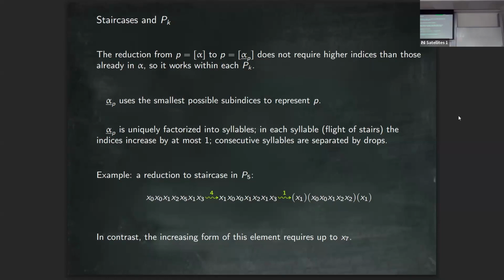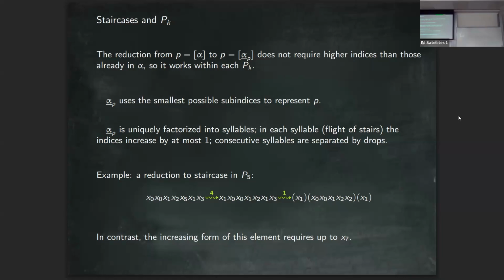So that's this x1 here. Now that doesn't have a jump anymore. Then with this 1 and the 3, there's a jump of 2, so the 3 comes back and becomes a 2. Now that's been reduced to staircase form, or green reduced form. You see equal, up 1, up, equal, and then drop. So this one has 3 syllables.